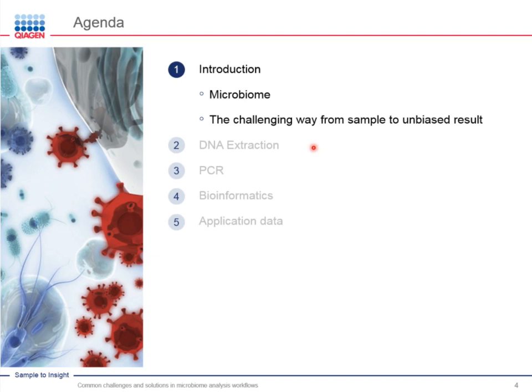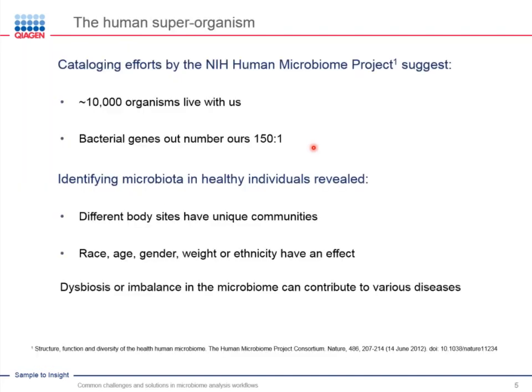So let's start first with us, the human superorganism. Looking at the cataloging efforts which were done in the NIH Human Microbiome Project, approximately 10,000 different organisms live with us, meaning on our skin, in our gastrointestinal tract, in our mouth, and on the entire body. The number of bacterial genes outnumbers ours by a factor of 150.